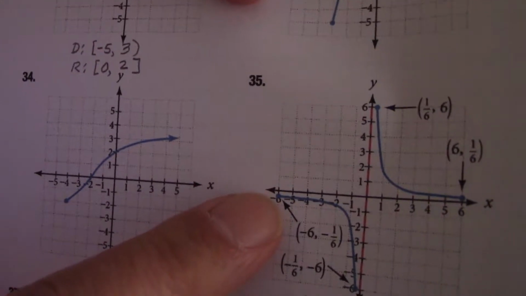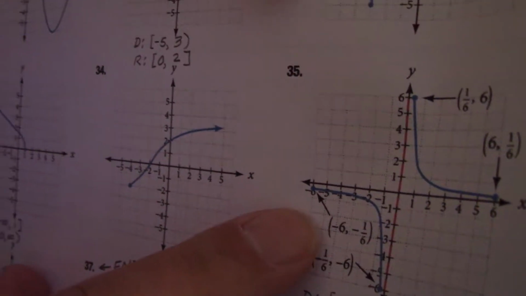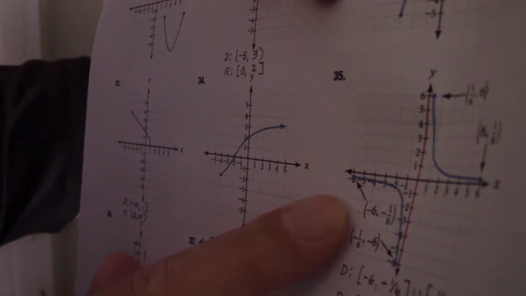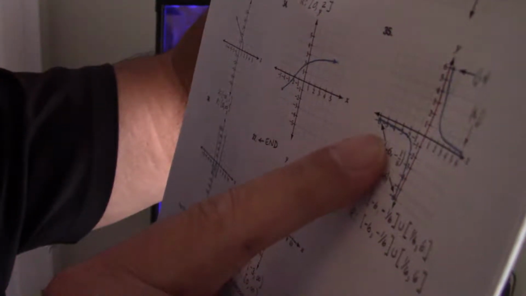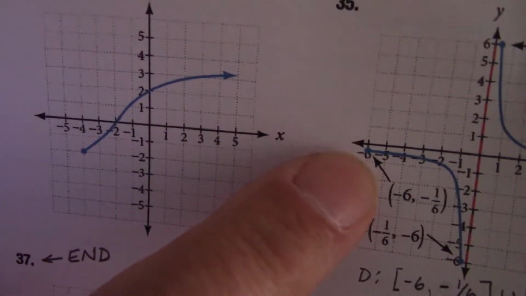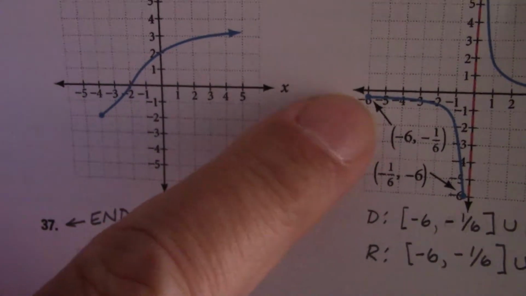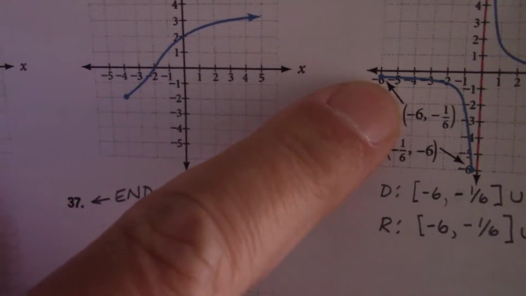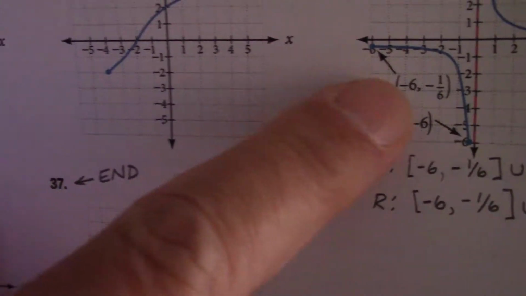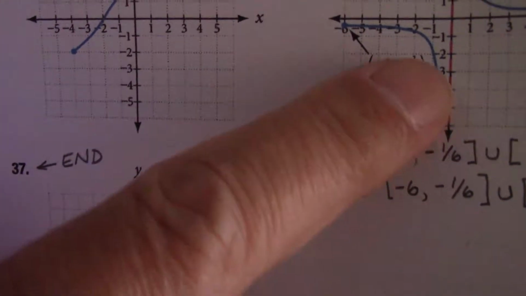But going from the left to the right, it looks like it goes from, let's see, are we including that point? There's a dot, if you look closely, at x equals negative 6, so that's where it starts, and it keeps going. Well, it's not an asymptote really, is it?